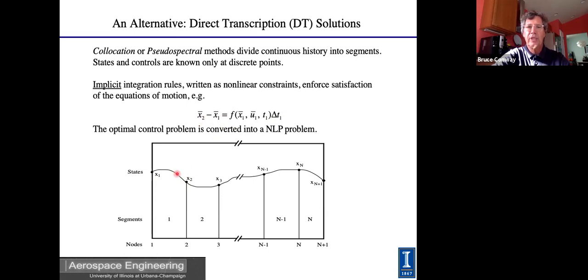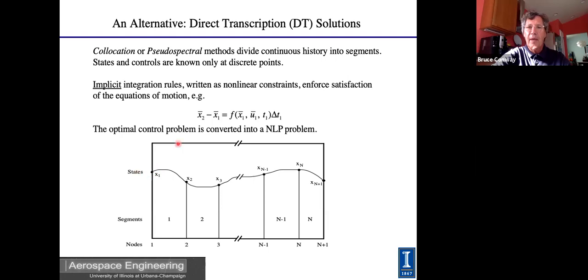Then x2 is equal to x1 plus the value of the function evaluated at x1 times delta t. Well, that would be a very poor approximation for this case because f evaluated here looks like the slope at that point, and it would put you up here when you really want to be down here. But if you have a lot of segments between here and here, it would work. If it's just a small time, it would not be a bad approximation.